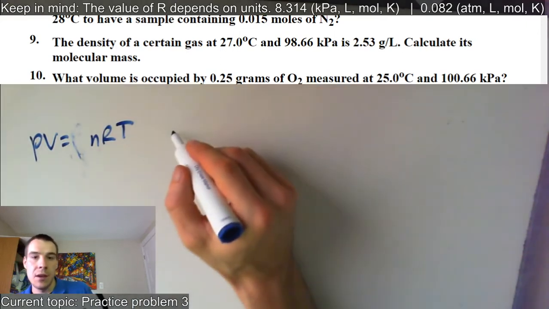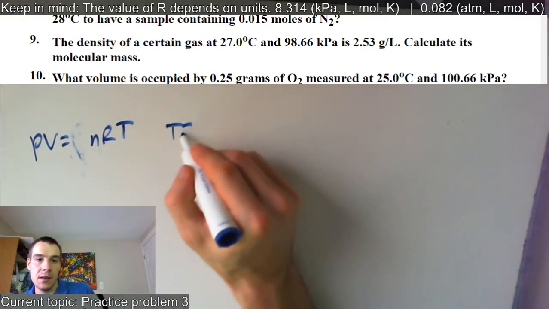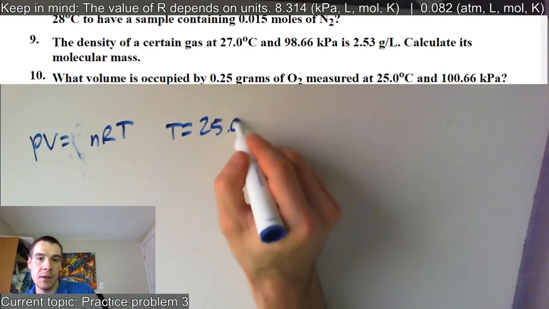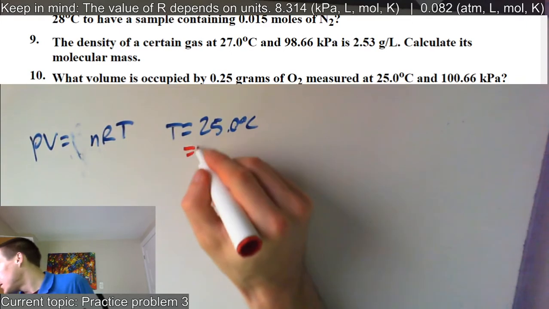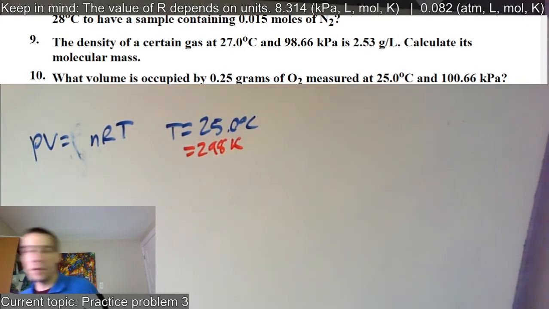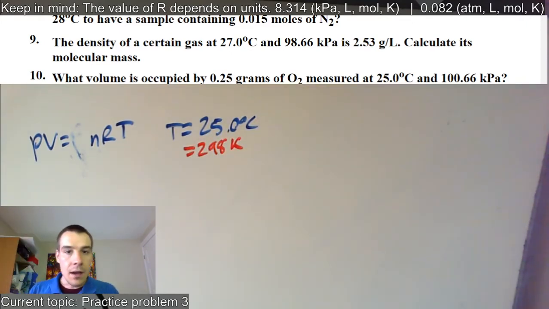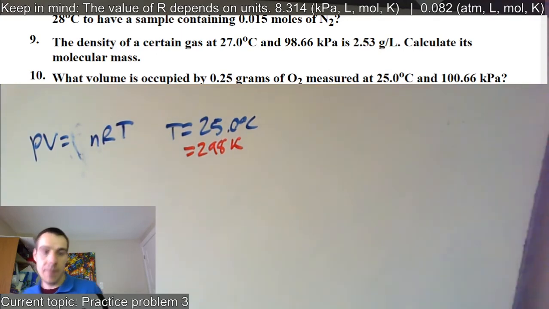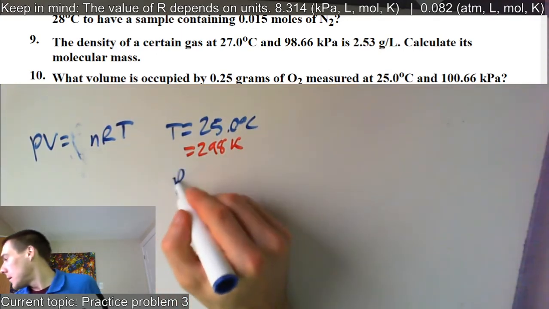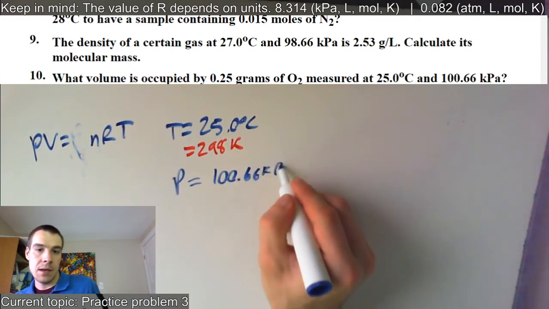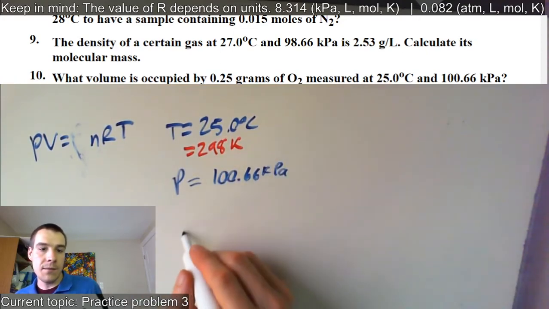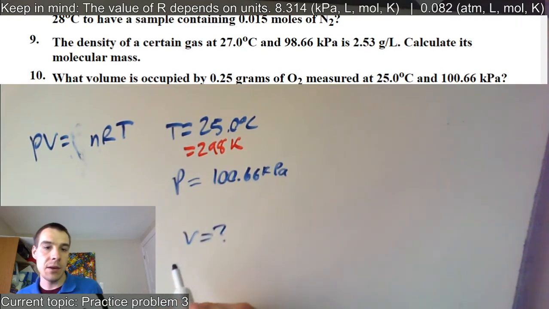T is 25 degrees Celsius, but we have to be in Kelvin. T is 298 Kelvin. What else do we know? 100.66 kPa. That's P. We want V. V is our question mark.